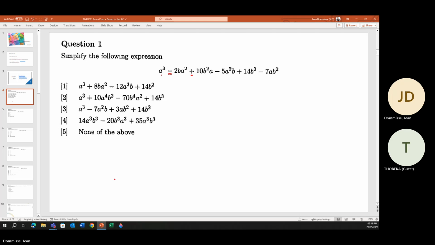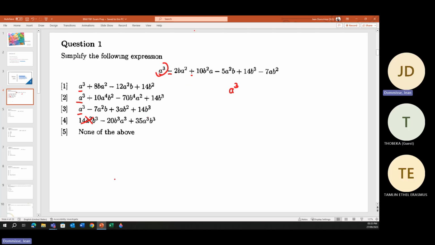When we look at a to the power of 3, no other one has a to the power of 3, so that will be something that we will need to just rewrite. We can't add any of the others with it. So when we look at the answer sets, with a to the power of 3 being what it needs to be, we can already eliminate one of them.